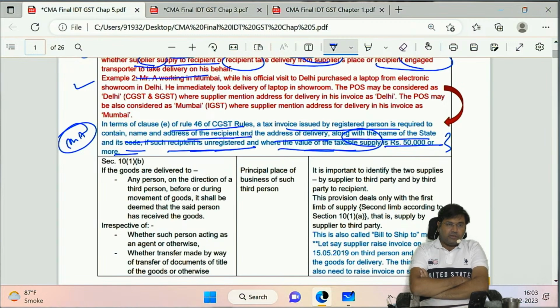So Rule 46 says if the amount is 50,000 or more, then the recipient address and address of delivery need to be mentioned. Now let me change this example. You finalize the laptop, and the value of that laptop is 55,000.